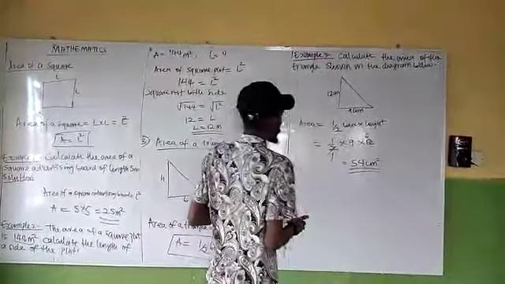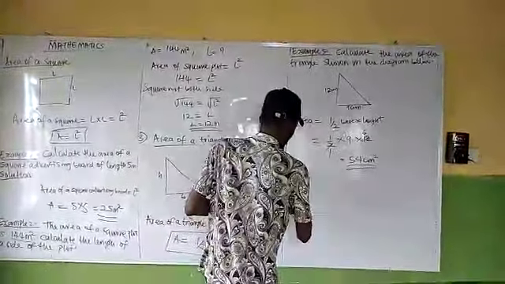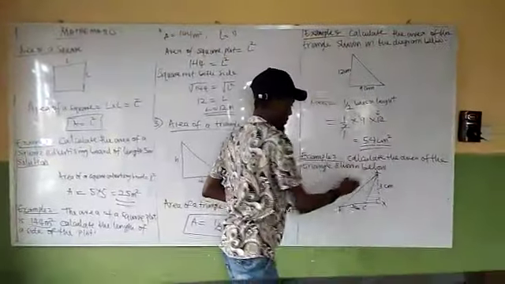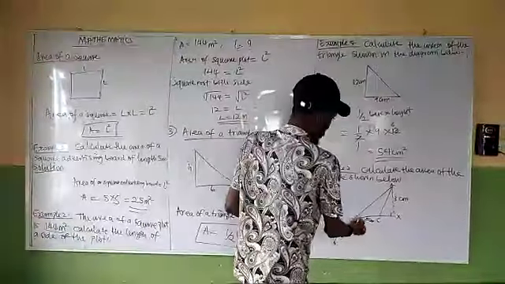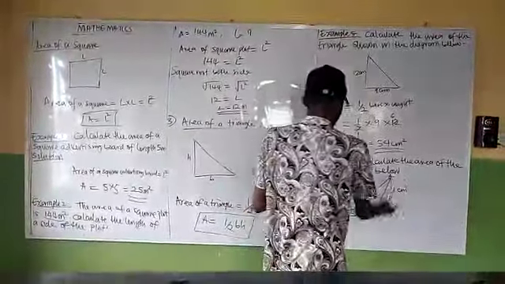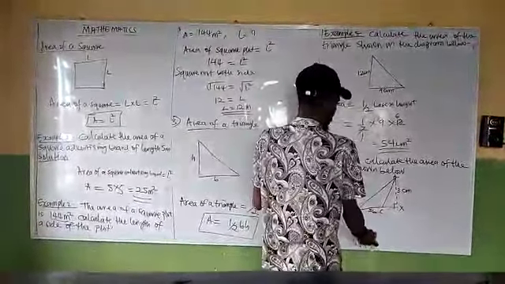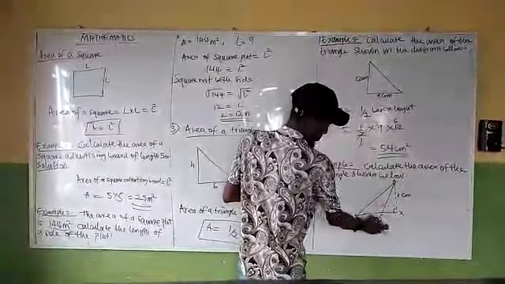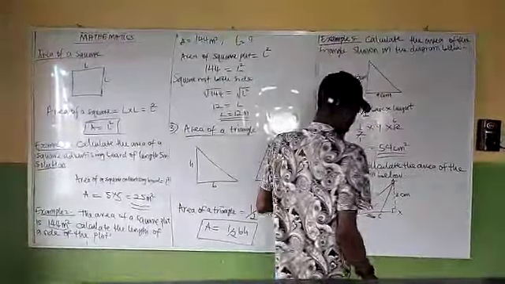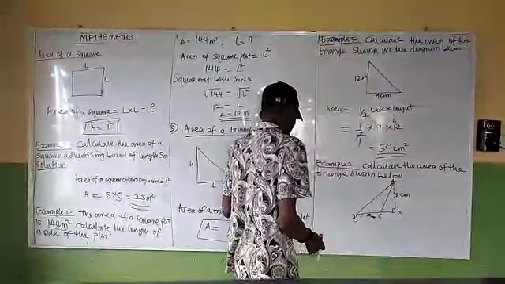Okay, let's continue. Example 2 says calculate the area of the triangle shown below. So this is our triangle. We have triangle ABC with a height of AX. In this triangle we are looking for the area.